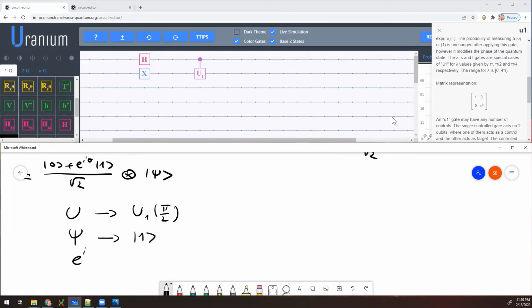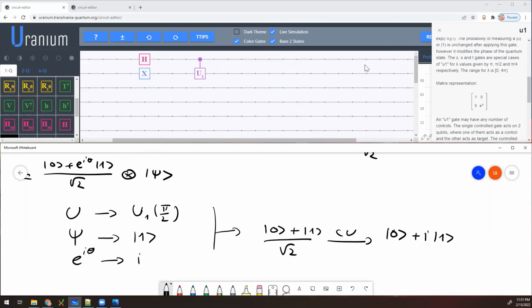And our e to the I phi eigenvalue is I. So what we expect is that the control, which is in the state plus, goes via our controlled U to 0 plus I 1 over square root of 2.